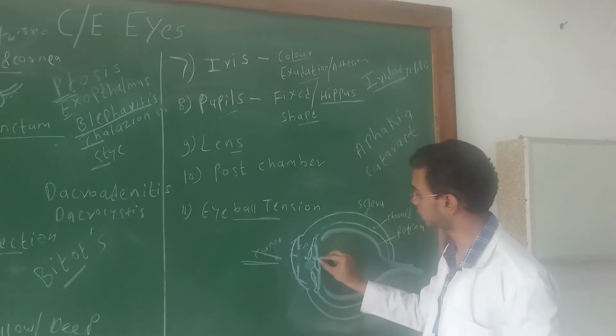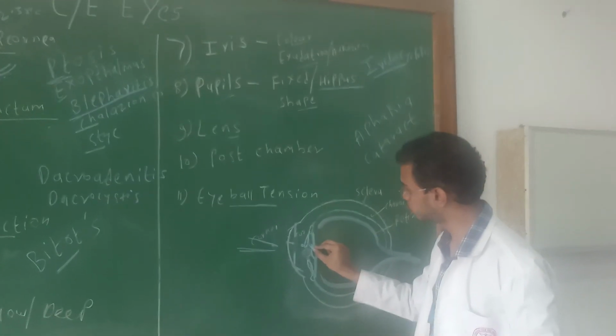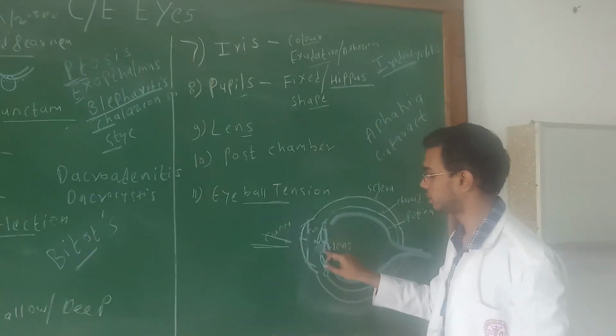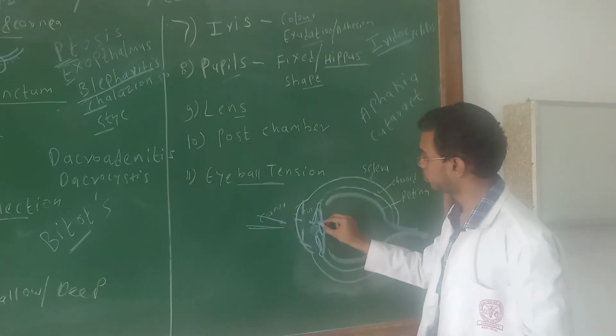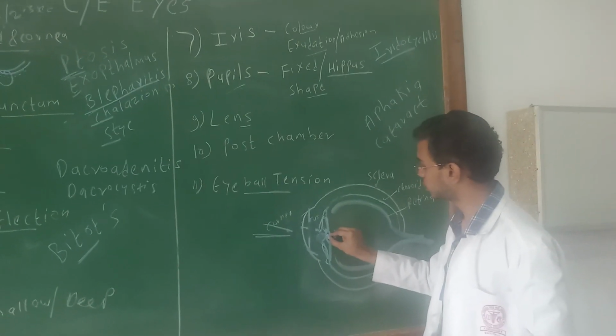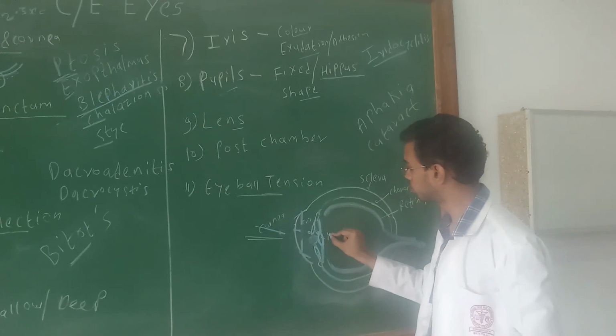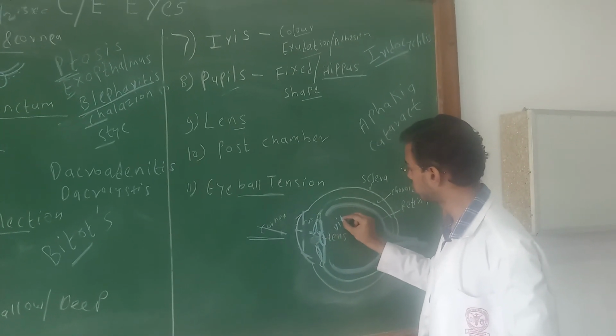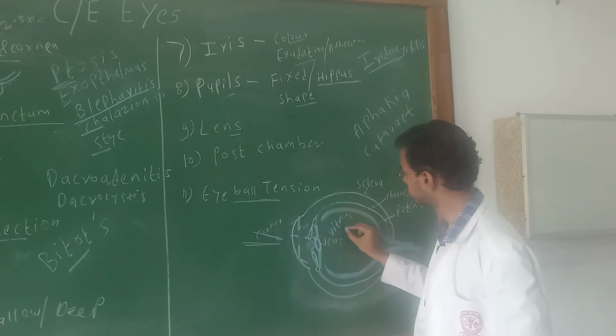The lens is transparent, so only the anterior part of the lens you can see when you throw the light inside the eyeball. Because of this transparency you can see this particular component, which is called the vitreous humor. So inside the eyeball there is the presence of vitreous humor.